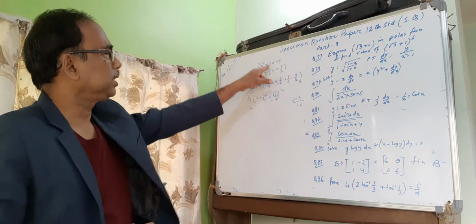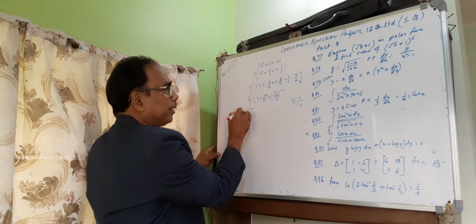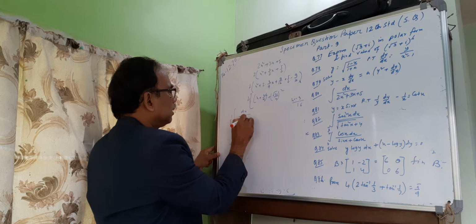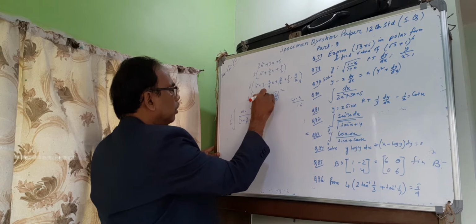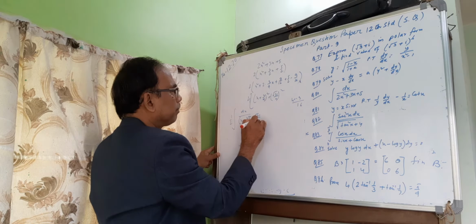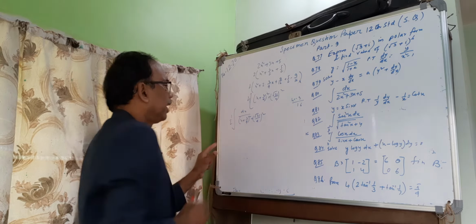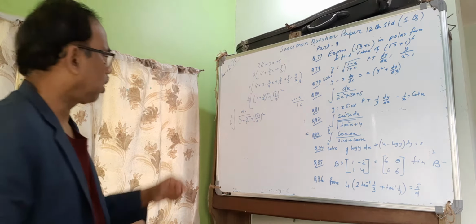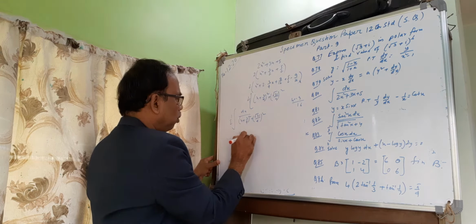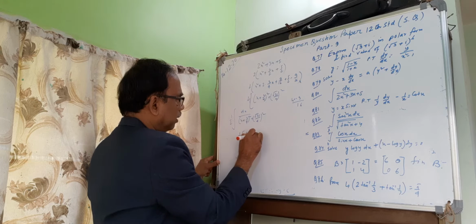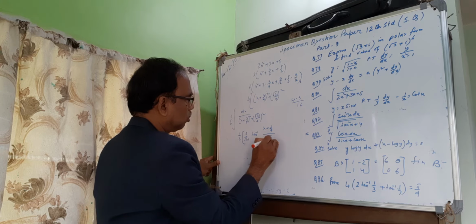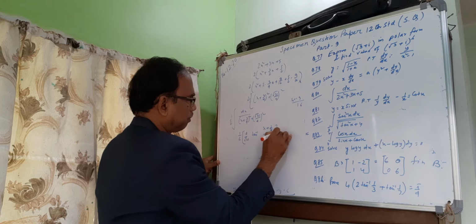Now we can write the integration dx, with half outside, by (x + 3/4)² + (√31/4)². Using the formula 1 by (x² + a²), that is 1/a tan inverse (x/a), with 1/a meaning 4 by √31, we get tan inverse of (x + 3/4) by (√31/4) plus c.